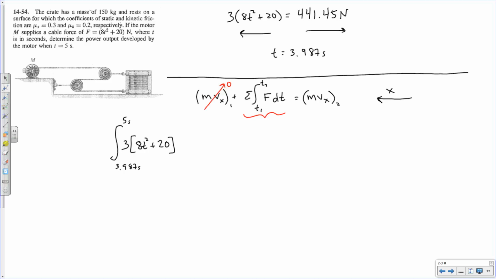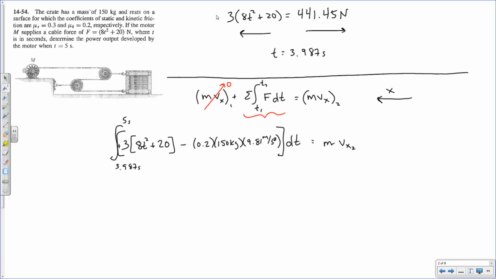This is in our positive direction, so there's a positive sign in front, minus the impulses in the opposite direction, the forces acting towards the right. So this would be 0.2 times the normal force, 150 kilograms times 9.81 meters per second squared, dt, is equal to the mass of the object times its final speed in the x direction.